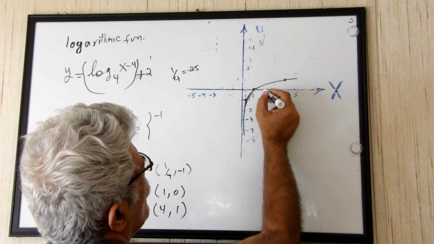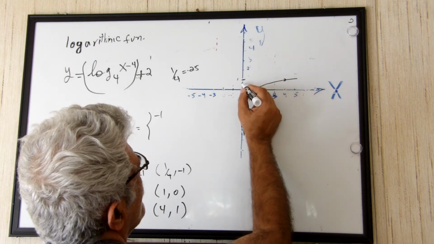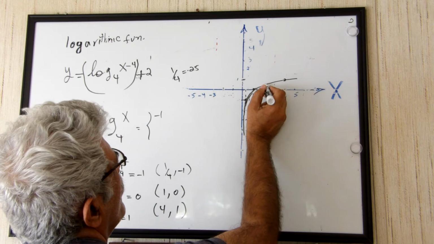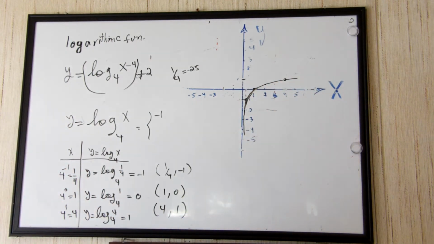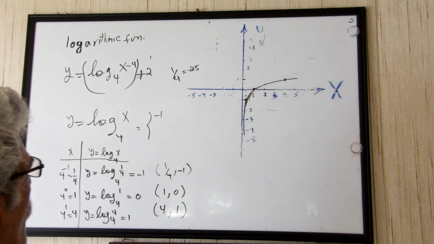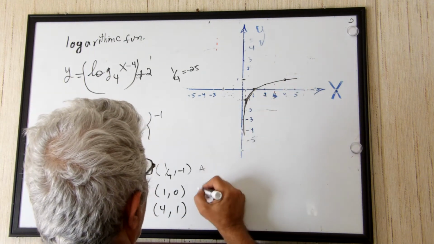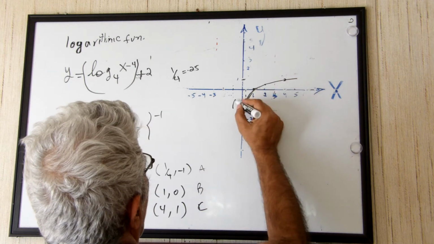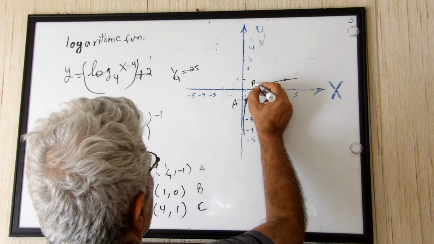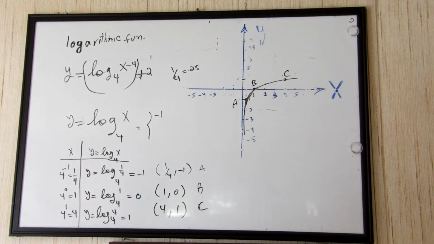If you take 2, for example, for sure y is going to be less than 1 there. So if you draw more points, it's more accurate. We have 3 points here: A, B, C. This is A, and B is this one, and C is this one.